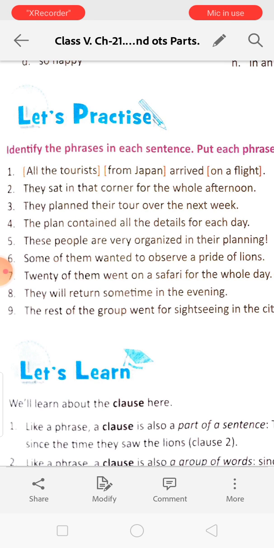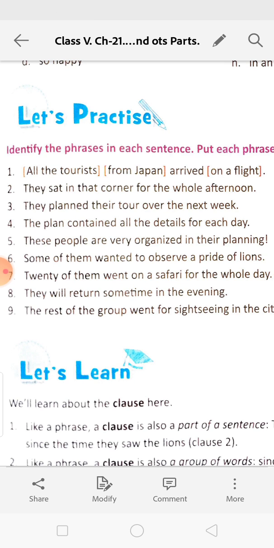They planned their tour over the next week. So, their tour, over the next week. The plan contained all the details for each day. So the plan, all the details, for each day. Three phrases are there. These people are very organized in their planning.